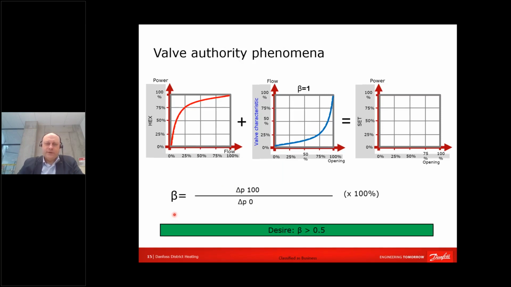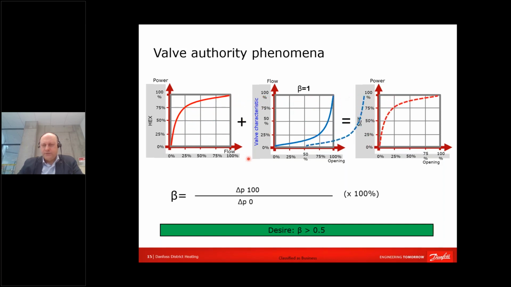The valve authority phenomenon is illustrated by these charts, where the heat exchanger has its power relation to flow curve. Then manufacturers produce valves which normally have an opposite control curve.